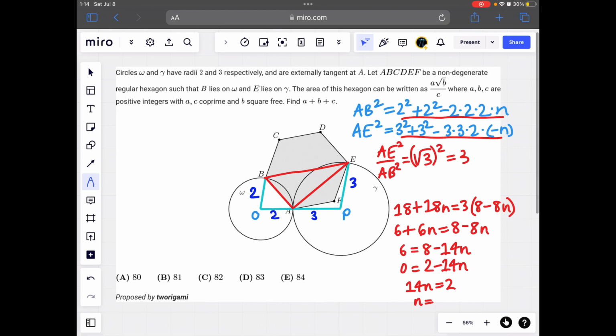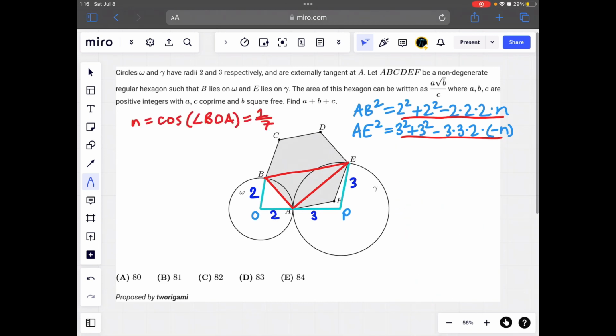We have n equals 2 over 14, or just 1/7. Now that we know n is equal to 1/7, we can sub that in for AB squared. And we get that it's equal to 8 minus 8n, and that's equal to 8 minus 8 over 7, which is just 56 minus 8, 48 over 7.